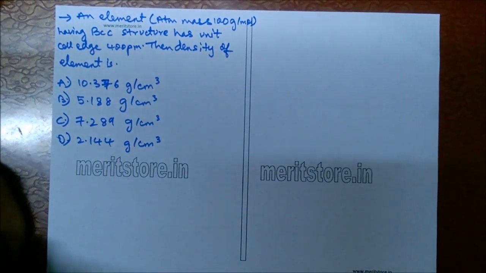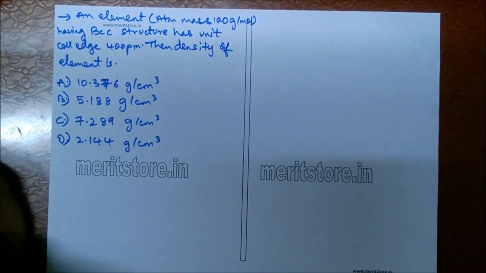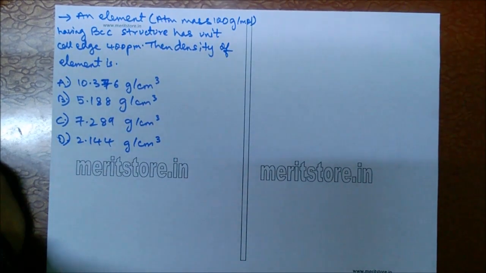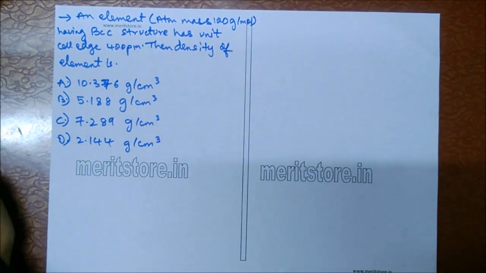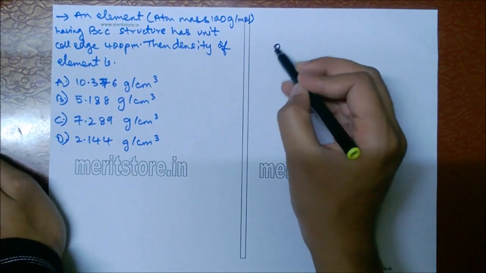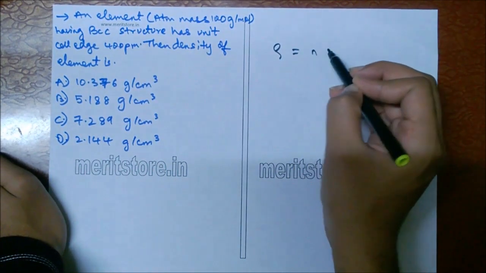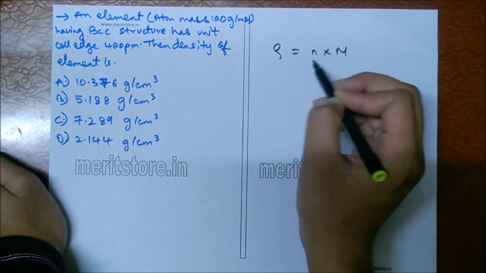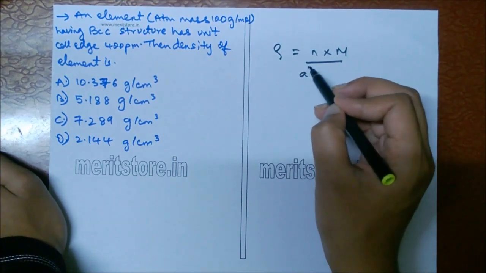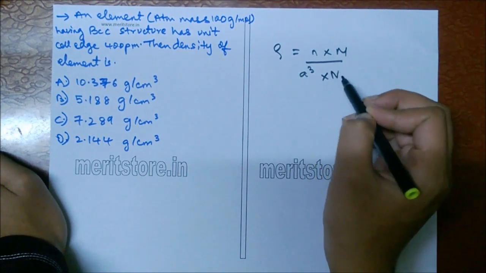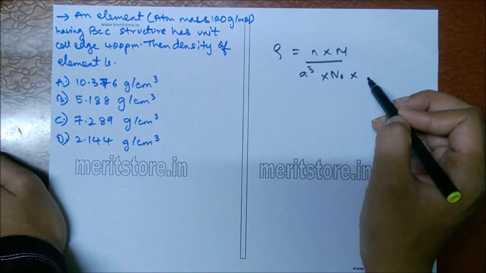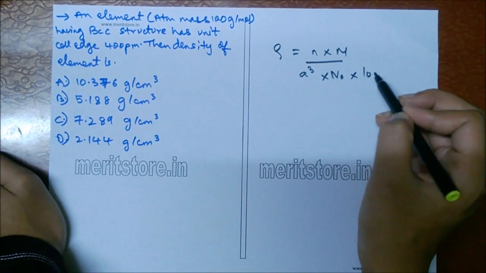An element of atomic mass 100 gram per mole having BCC structure has a unit cell edge of 400 picometer. Then the density of the element is? We have the formula density is equal to N into M, number of atoms per unit cell into molecular mass, divided by cube of edge length into Avogadro number into 10 raised to minus 30.